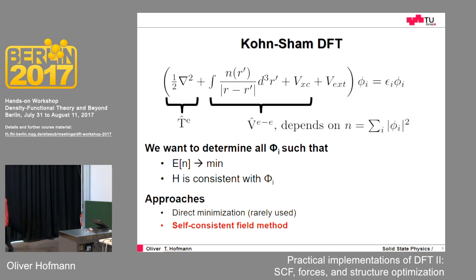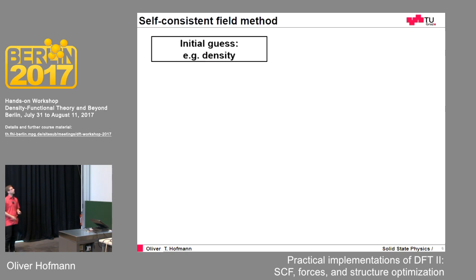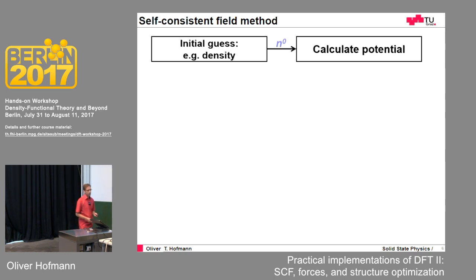field method. So how does the self-consistent field method work in principle? Well, as always, you need to start from an initial guess, for example, a guess of at least the electron density, because that's in the Hamiltonian. From this electron density, you can then calculate the potential.